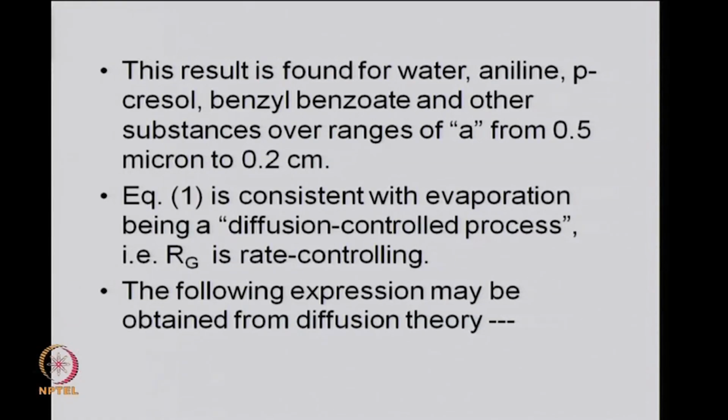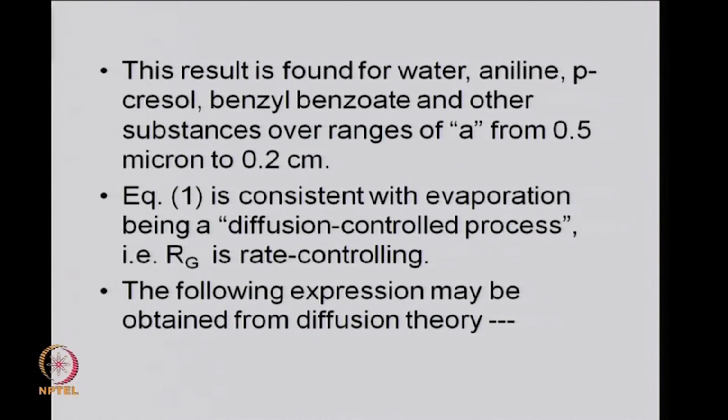That is the only way you would envisage that this rate of change of area would be constant. There is some other resistance, not dependent on what is happening inside the liquid, that is controlling, that is the gas phase resistance. So we need to now get acquainted with a bit of diffusional considerations.